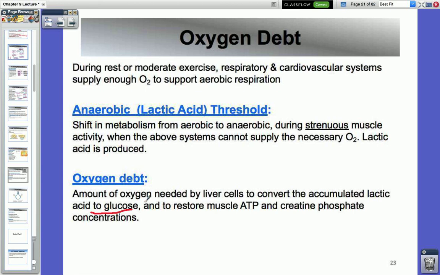So the amount of oxygen that is needed to convert lactic acid back to glucose so that we can eventually make the ATP that's needed, that is called oxygen debt.